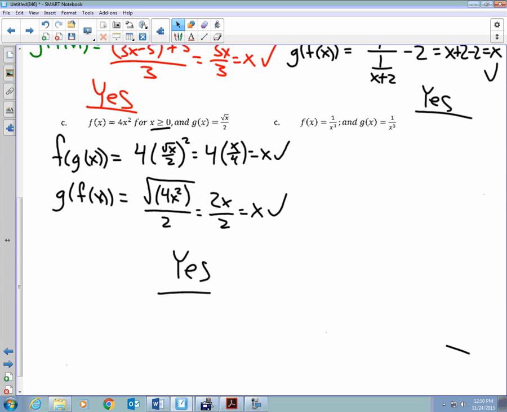The same. Do you think it's possible that a function's inverse could be itself? Y equals x is one example. Y equals 1 over x.